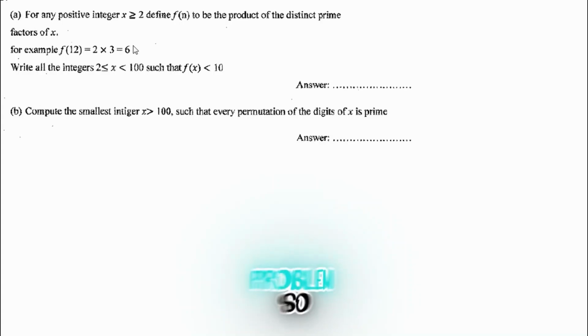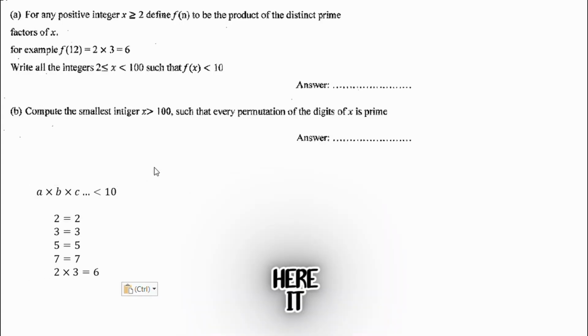So, first of all, if you can solve it, pause the video and solve it, because I'm going to solve it right now. First of all, I'm going to write down an inequality for f(x). Here f(x) is a product of certain integers, right? So I wrote a times b times c and so on, any number of possibilities, less than 10.